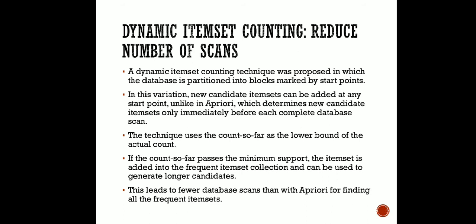After one item set scanning was complete, we moved to two item sets and kept the count there. Then after two item sets were completed, we moved to three or four in this manner. But here, since we are partitioning the database and marking each database using a start point, for the new candidates we are generating, we can put them in the database before the total scan finishes.